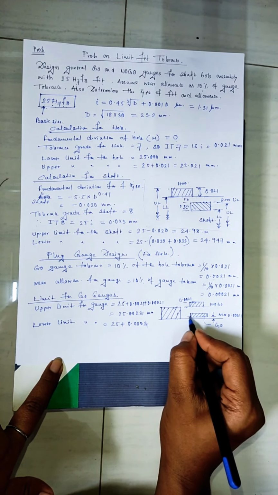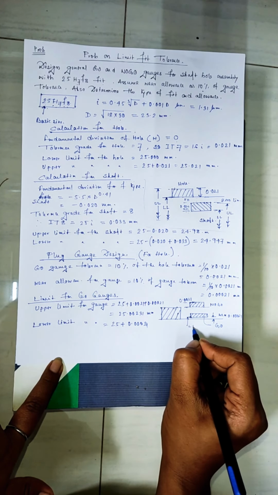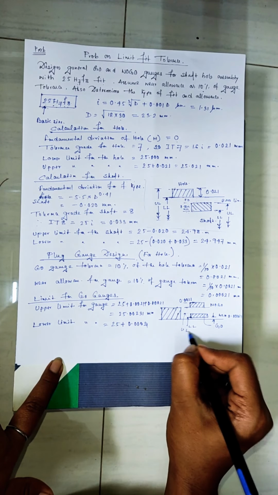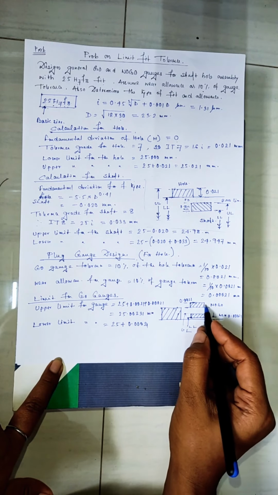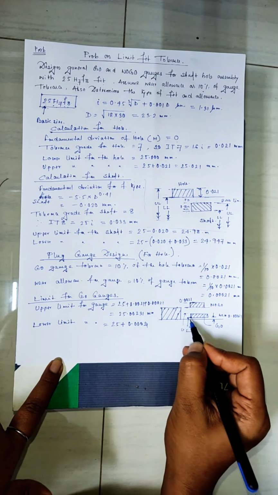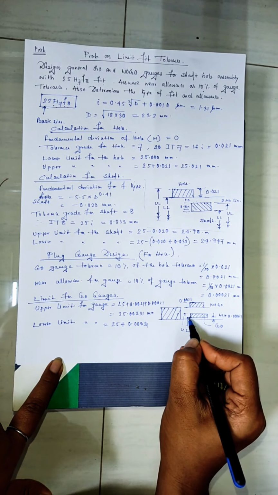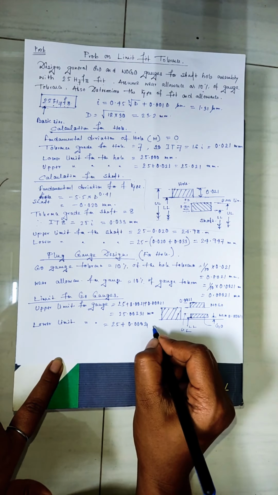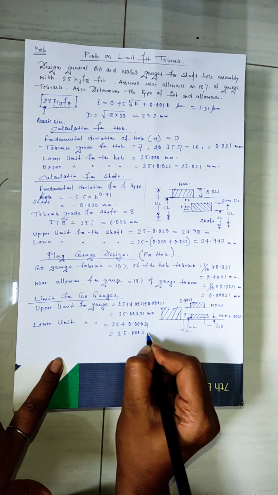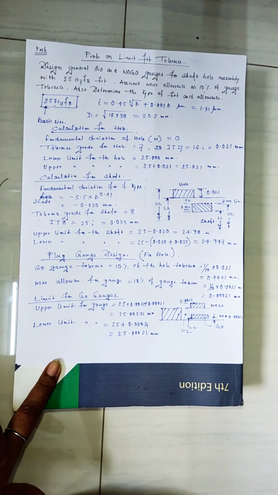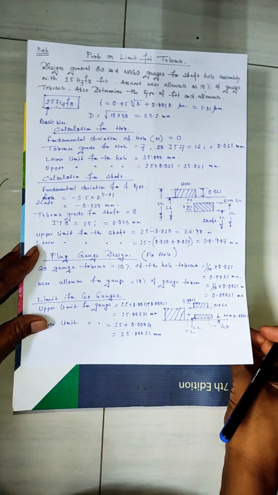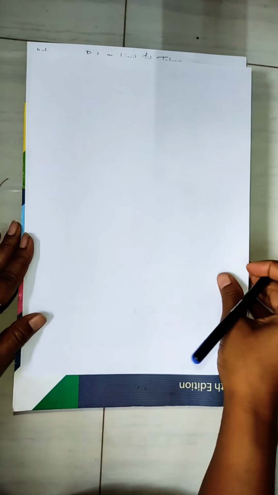So this value is the lower limit, right? This is the upper limit. This is the go gauge actually, and this is the no go gauge. So 25 plus wear allowance is equal to 25.00021 millimeter, right? Then limit calculation for the no go gauge.